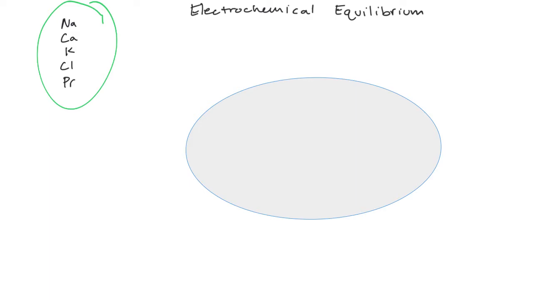All right, so I would start with our proteins, which are going to be in greater concentration. Which side? Inside the cell, right? And they are negatively charged. This is really what allows the equilibrium to be set up.